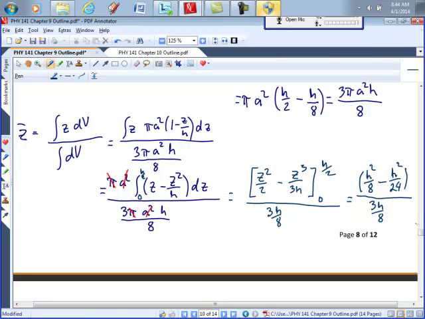So it'd be 1/12, or h squared over 12. So that's going to be h squared over 12, and I'm going to flip this one, times 8 over 3h.